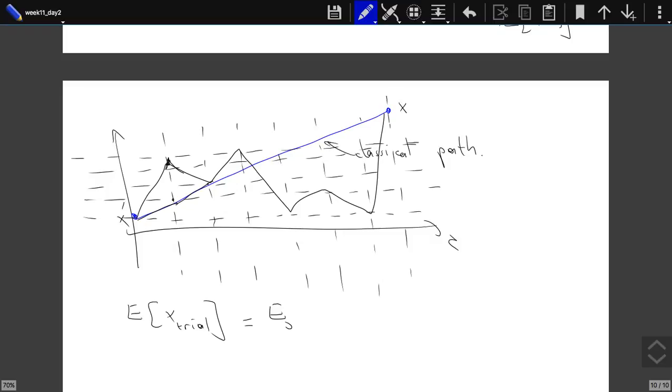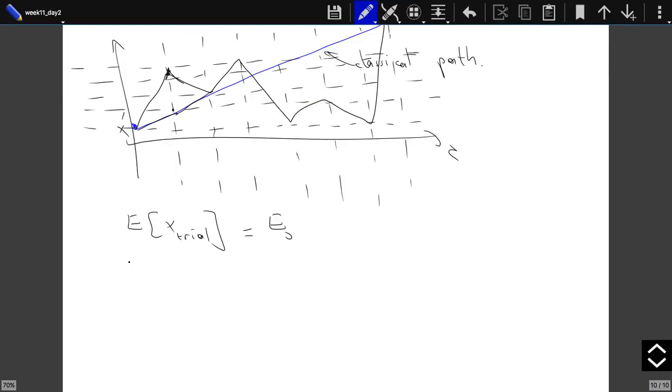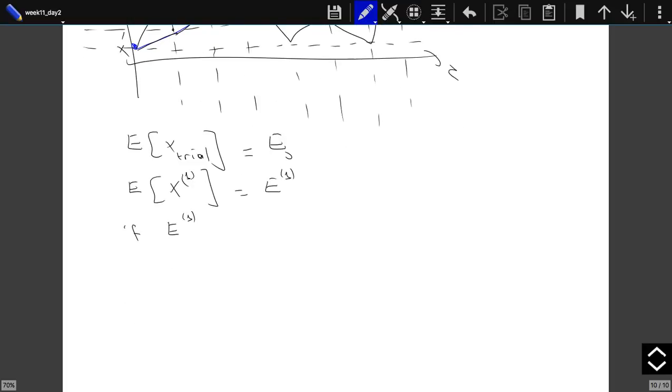The other ones will be the same. So you have x, let's say x1, the first modification. You evaluate the energy of that one, let's say you obtain E1. If E1 is less than E0, then keep the path.